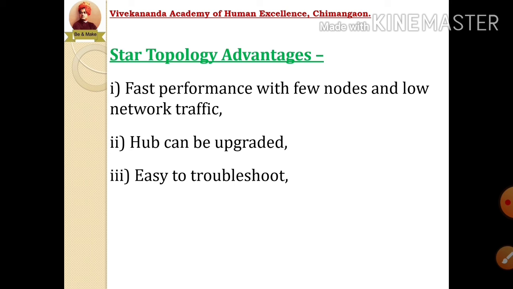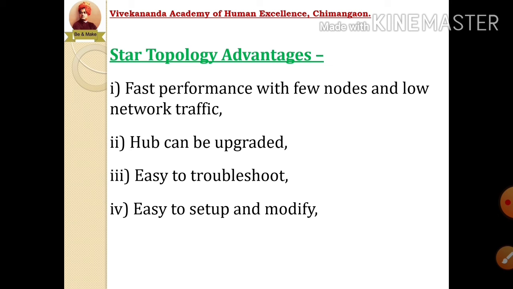Easy to troubleshoot. Easy to troubleshoot means as a single computer is connected with the hub, if that computer is not working, I can easily understand which computer is not working in the network, and I can remove that computer and install another one instead. Fourth, easy to set up and modify.